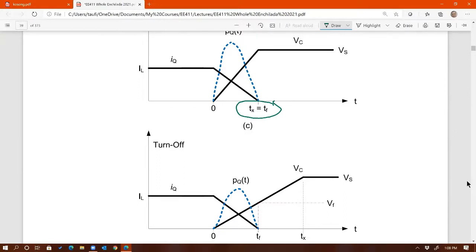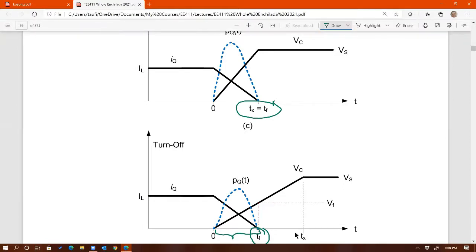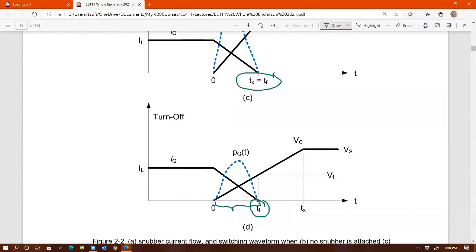TF is the time it takes for the current through the switch to reach 0. TX is the time it takes for the voltage to reach its final value. So you have TF and TX.